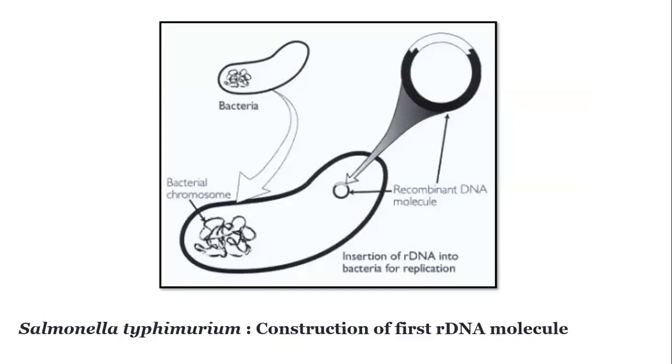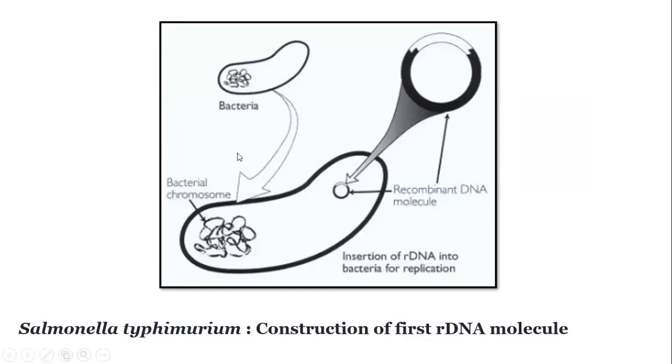Now, Salmonella typhimurium is a bacterium carrying a small circular DNA or plasmid. An antibiotic resistance gene was cut from the plasmid of Escherichia coli and inserted in the plasmid of Salmonella typhimurium to create recombinant DNA or rDNA.